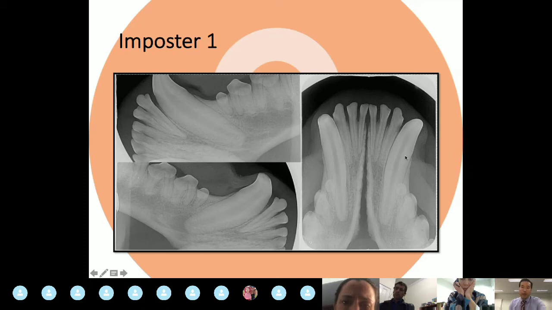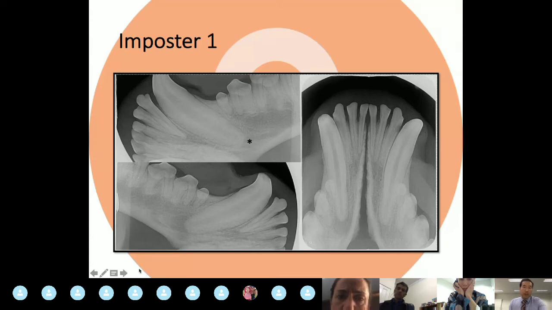On the occlusal view, the right mandibular canine is on the left, and the left mandibular canine is on the right. So I'll just bring your attention to the top left, the left mandibular canine. You can see that there is a lucency at the apex of that tooth. It's right here. But that is not a true periapical lucency.